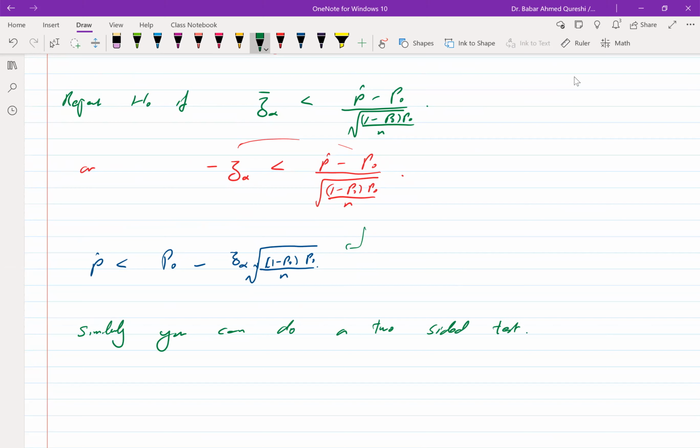And if you see in your sample a proportion which is larger than the upper critical value or less than the lower critical value, you reject. As simple as that. Now, probably we can do an example.